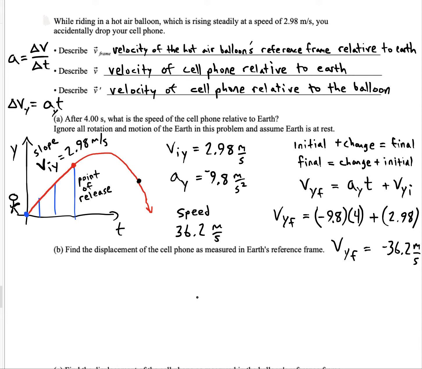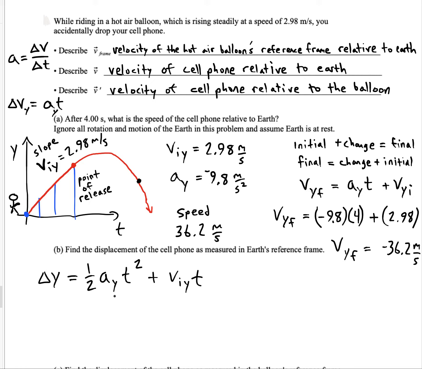But it is moving downward. Now let's find the displacement of the cell phone as measured by the person who's on Earth. For that, we would use the familiar formula delta y equals 1/2 a_y t squared plus v_iy t.